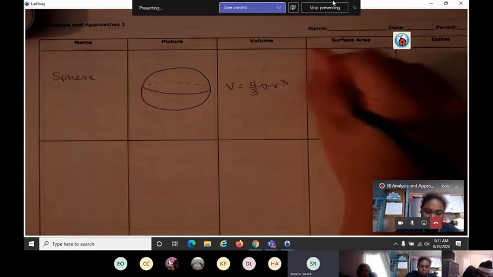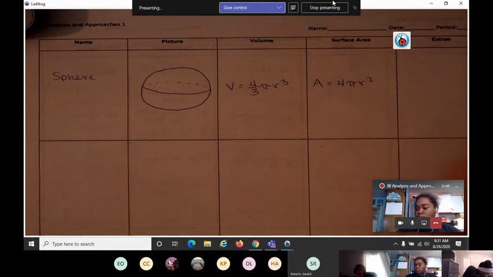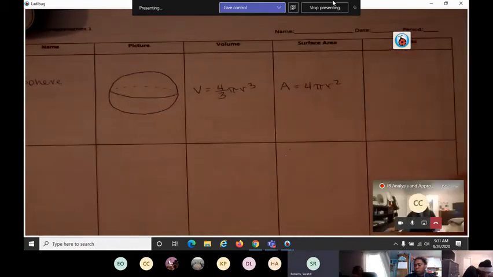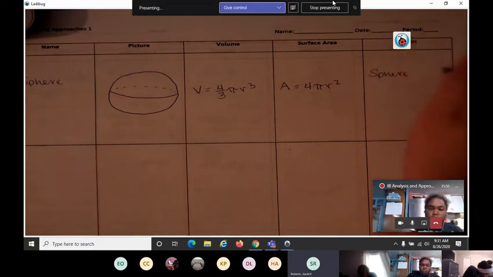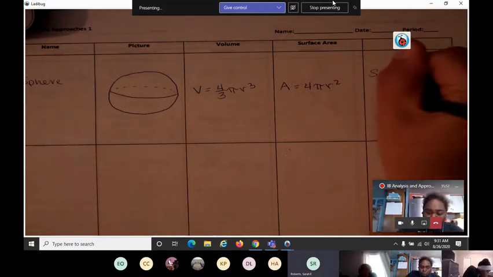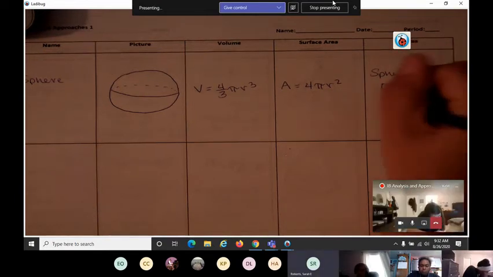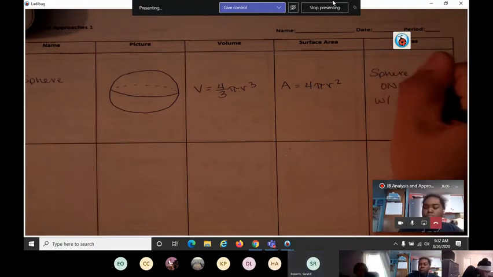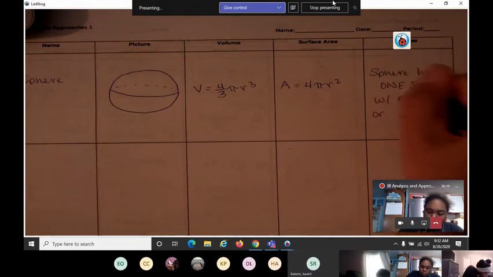Surface area is 4 pi r squared. And a sphere is an object that has one surface with no edges or vertices.